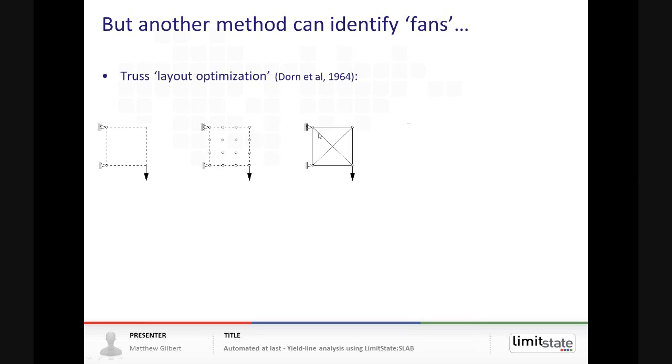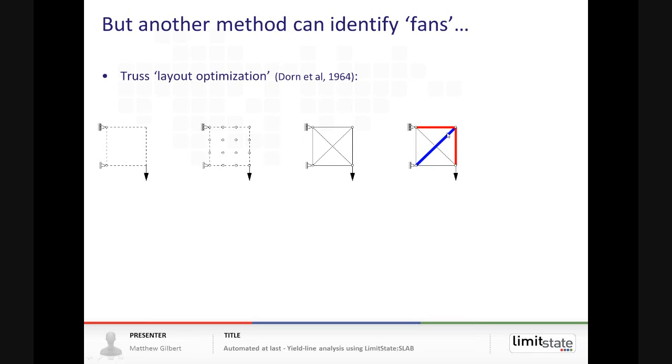And what we do is we connect those nodes together, and then we use optimization to find the most optimal layout of, in this case, truss bars. And normally with truss layout optimization, what we're trying to do is minimize the volume of the truss. So we're finding the topology or the layout that corresponds to that objective.